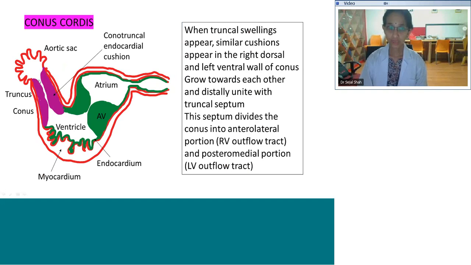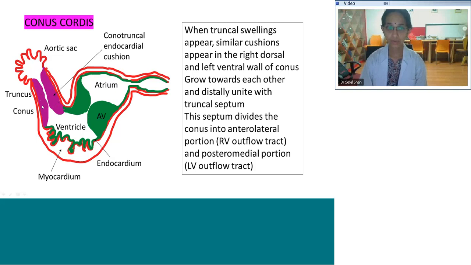Now when we spoke about the truncal swellings, similar swellings also appear in the conus arteriosus, similarly on the right dorsal and the left ventral walls, and then they grow towards each other and unite cranially with the truncal septum.